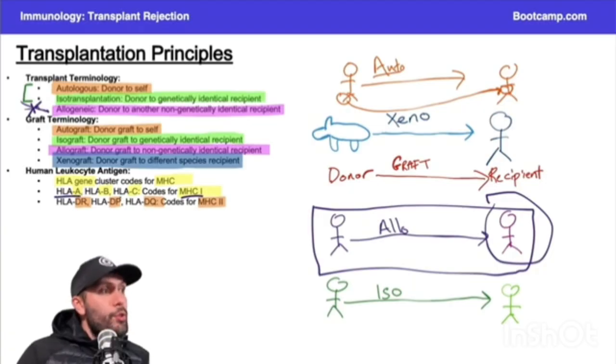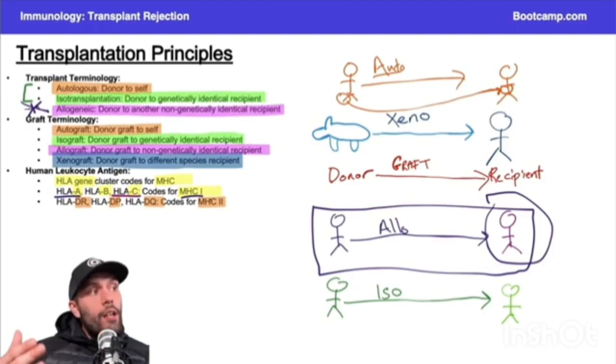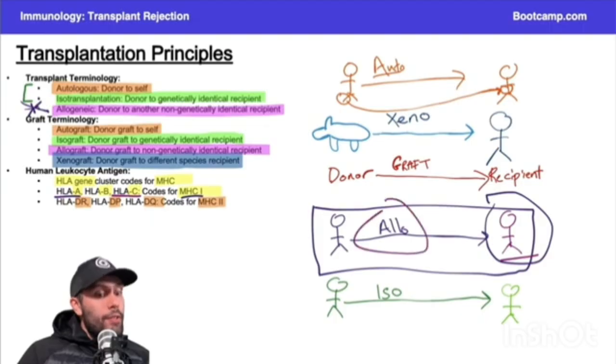I'm doing gross oversimplification here, but they might have slightly different HLA molecules. And so the T cells in this patient, particularly, what's going to bind MHC1? It's going to be CD8 positive T cells. Rule of eights. So the CD8 positive T cells in this patient could attack this graft, this allograft, at the MHC1 antigens.